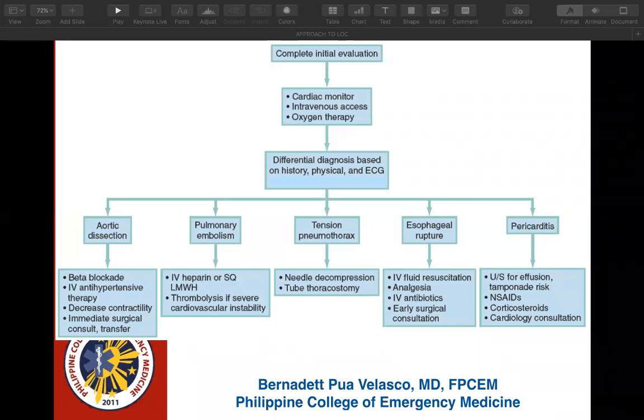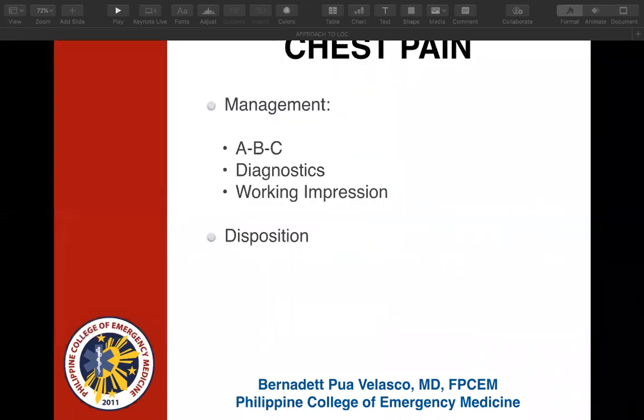And in the event that your institution is not capable of handling any of these cases, you need to coordinate with an appropriate hospital, not just transfer the patient to another hospital, but an appropriate referral hospital.